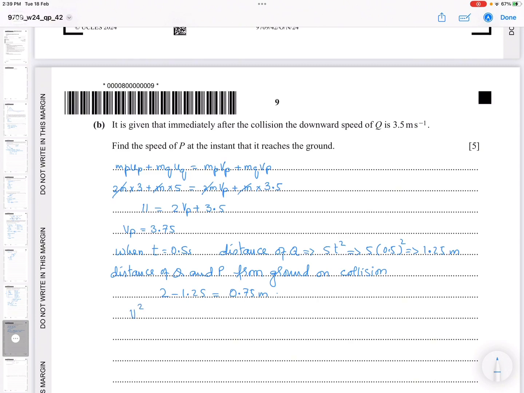So now use V square equals U square plus 2AS.